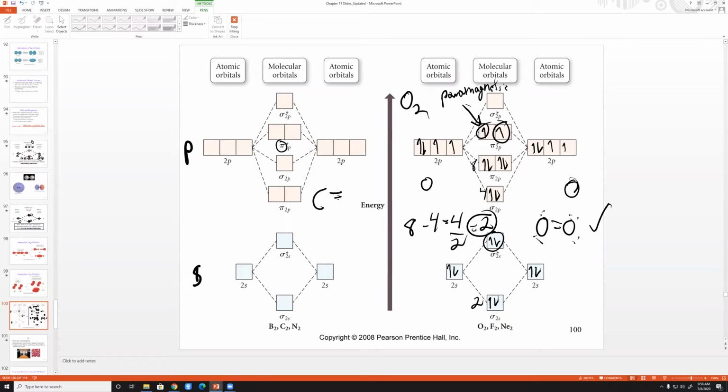The maximum number of bonds is a triple bond, and you can have only 1 possible sigma bond at all times. That's why there's only 1 box for your sigma. And for pi, there's 2 possible bonds, and each bond has 2 shared electrons. So 1 bond, 2 bonds, 4 possible shared electrons. That's why you have 2 boxes for your pi subshells.